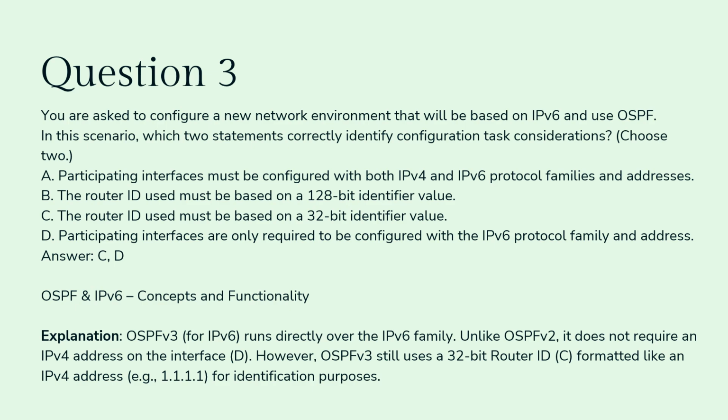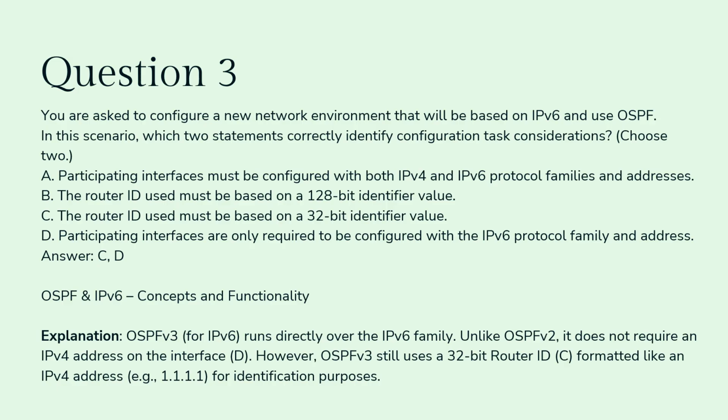You are asked to configure a new network environment that will be based on IPv6 and use OSPF. In this scenario, which two statements correctly identify configuration task considerations? Choose 2. A. Participating interfaces must be configured with both IPv4 and IPv6 protocol families and addresses.